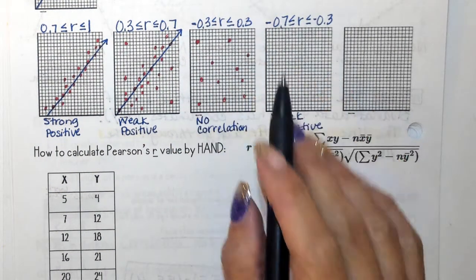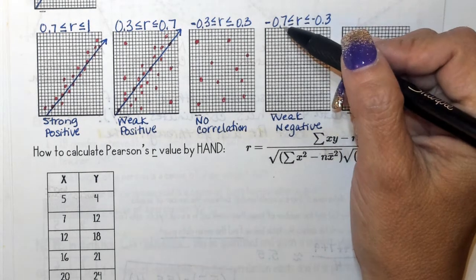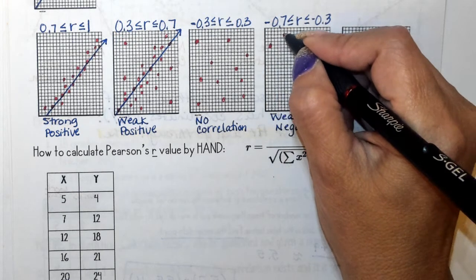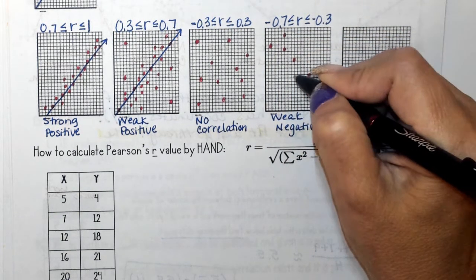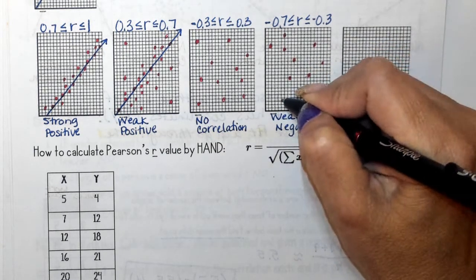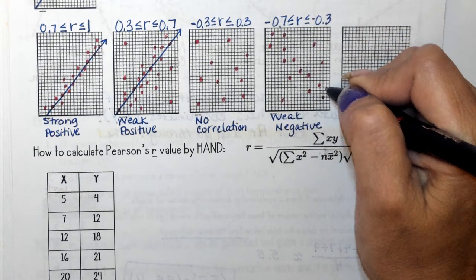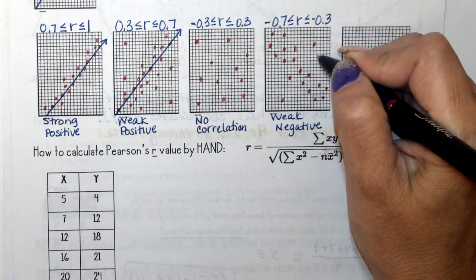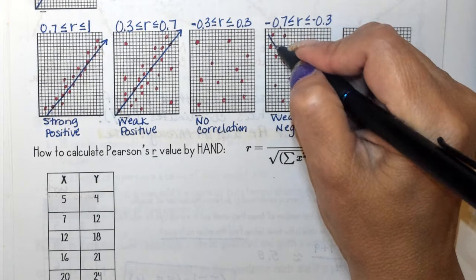I'm going to say you can put it there because it could go either way. All right, so this is going to be our weak negative. That means your data is coming down like such, but it's kind of spread out, right? So you can't quite tell. You see that it's trending down, but it's a little more spread out. So it might look something like that.